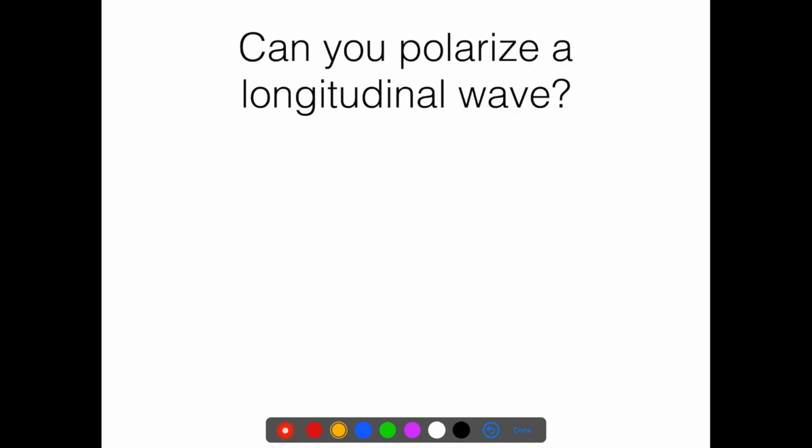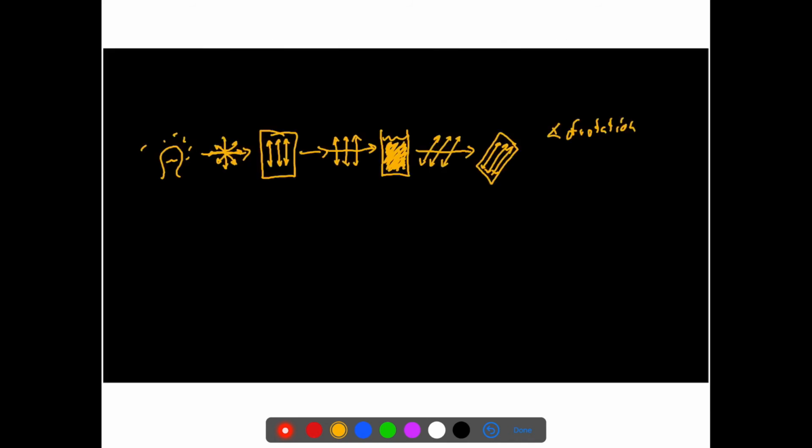And the angle of rotation is going to have some type of connection to the concentration of my chemical. So I wanted you to see why we care about this and what we can actually do with it. This is polarization.